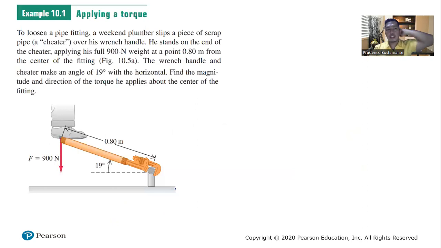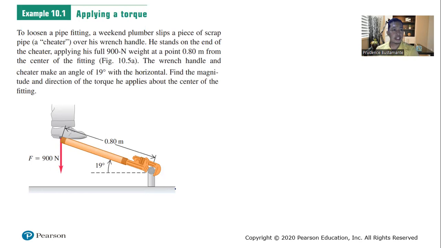We have here a particular example on applying the torque. In example 10.1, to loosen the pipe fitting, a weekend plumber slips a piece of scrap pipe over his wrench handle.